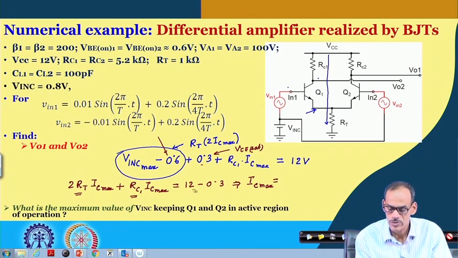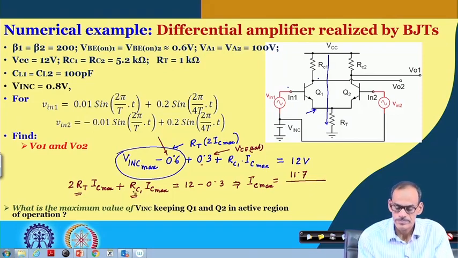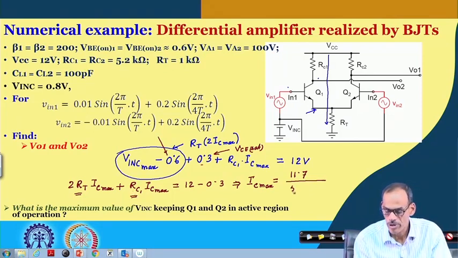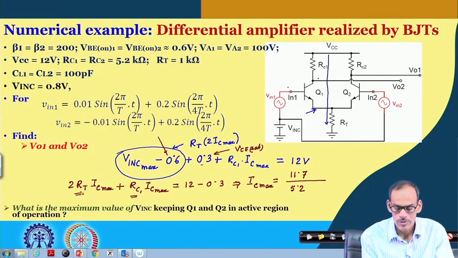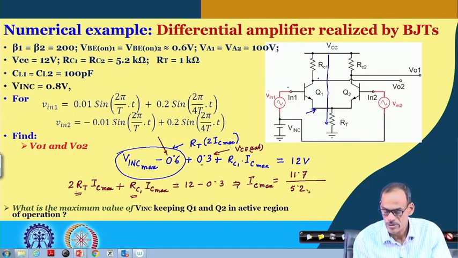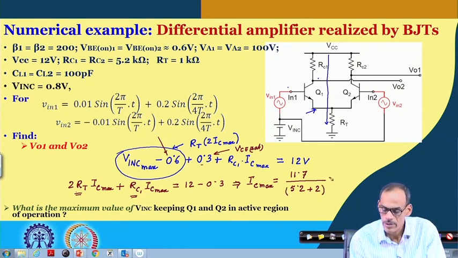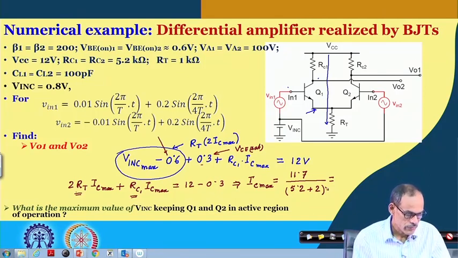So, that is equal to 11.7 divided by RC is equal to 5.2, and this is 2 K. So, this much of milliampere, and this gives us, I think I do have calculation for you.